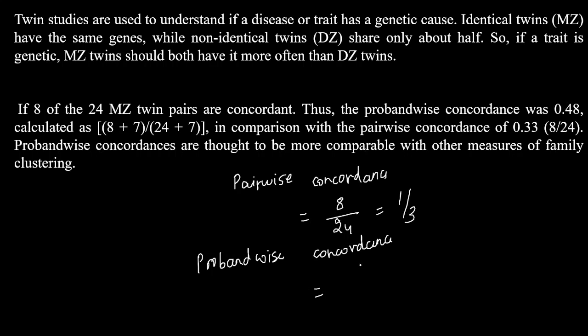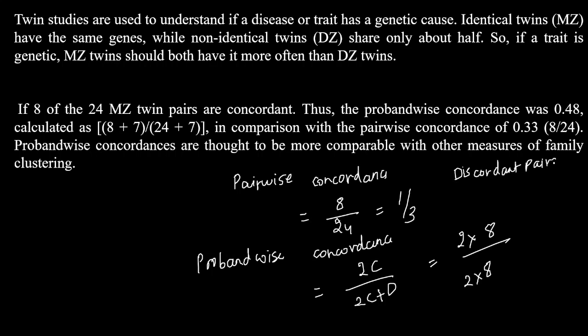which is 2C divided by 2C plus D. C means concordant pairs. For example, here the concordant pairs is 8. And because concordant pairs is 8 out of 24, the discordant pairs will be 24 minus 8, which is 16.